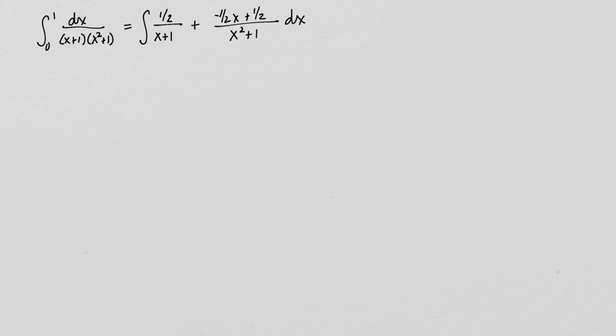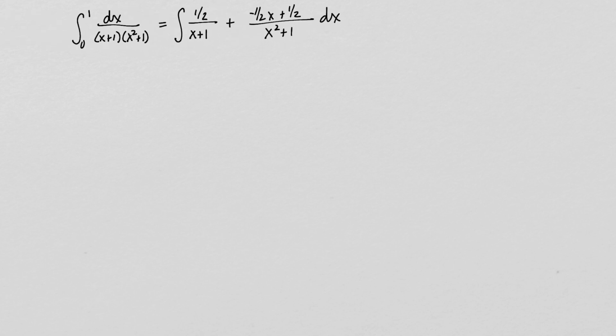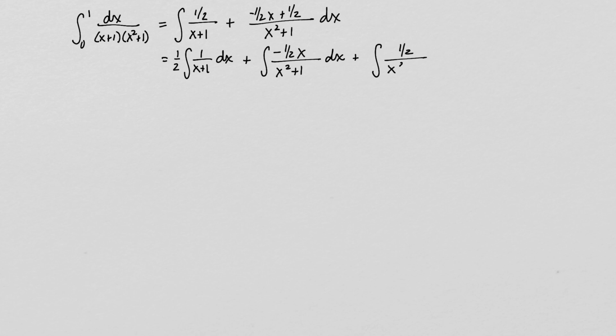Okay, so I'm going to split it up a little bit more. So this is going to be 1/2 the integral of 1 over x plus 1 dx, that's easy enough to integrate, plus the integral of minus 1/2 x over x squared plus 1 dx, plus the integral of 1/2 over x squared plus 1 dx.